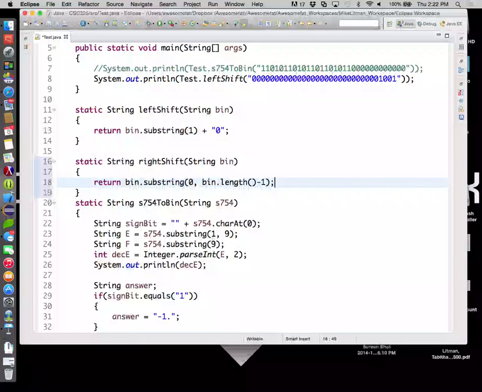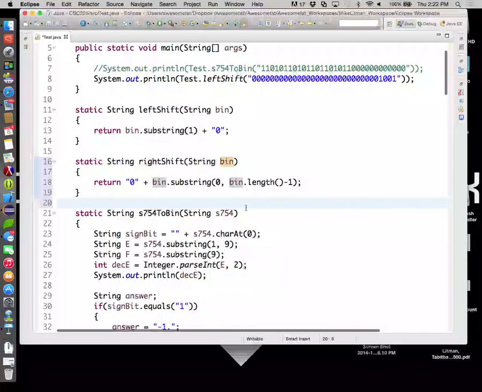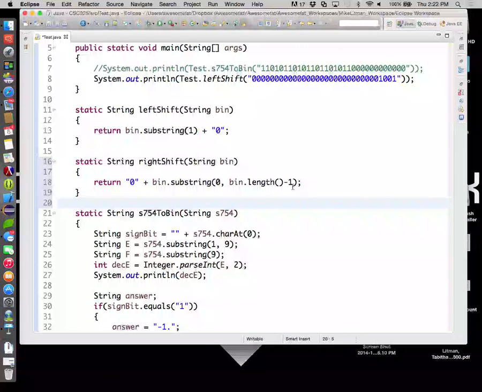We want everything except the last character, right? And then we want to tack on what to the front? Oh, we want to tack on a 0 onto the front. Something like that. Move everything over by 1, so basically lose our very last far right bit and just throw an extra 0 onto the front of it. So that's a right shift.